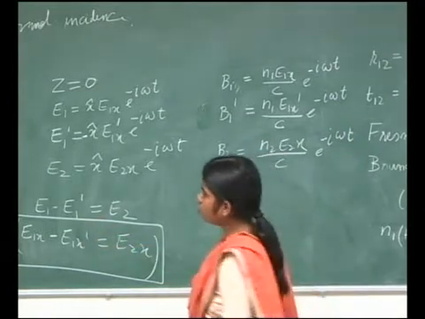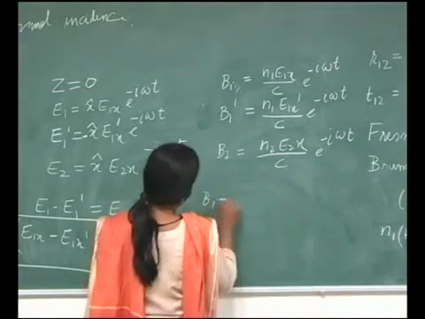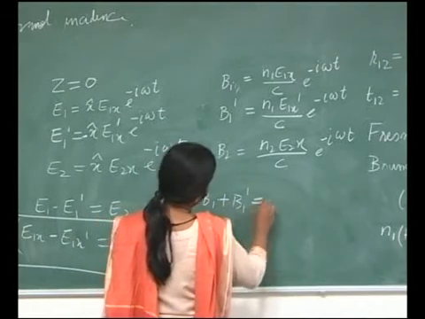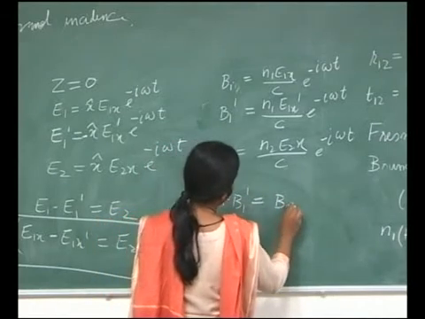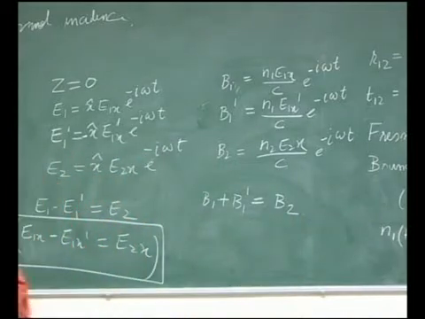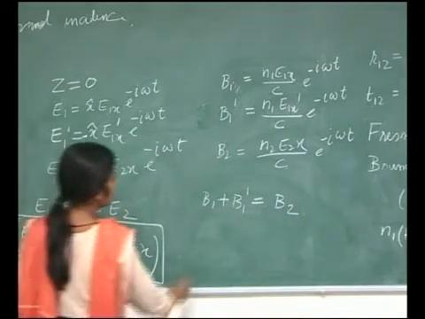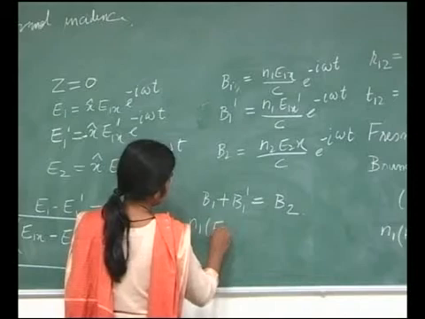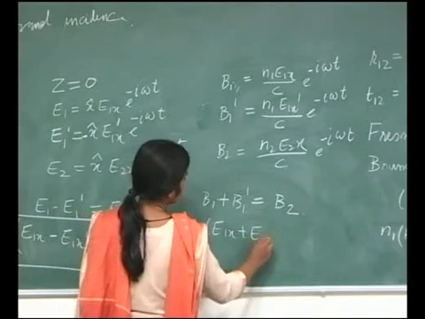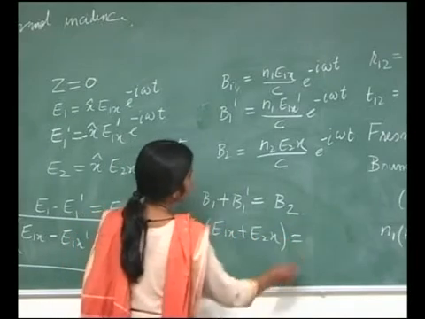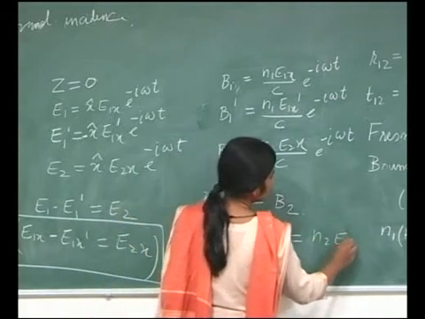And from there I know that B1 plus B1 dash should be equal to B2. So this leads to N1 E1 x plus E2 x is equal to N2 E2 x.